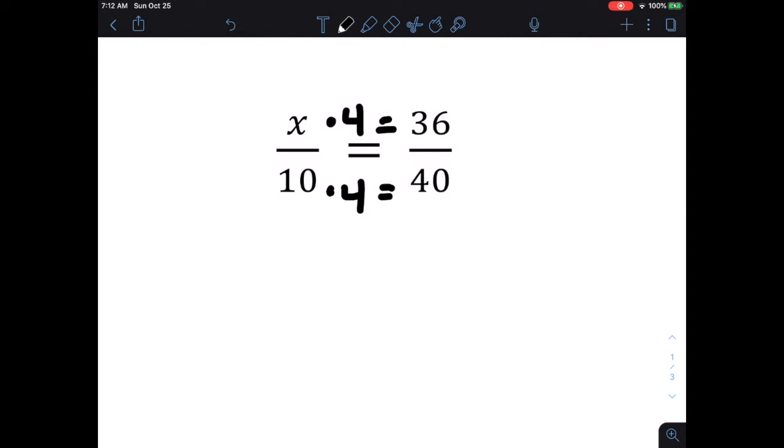It's the same type of problem, except now we have to think about what number I multiply by 4 to equal 36. You could turn it into a division problem if you wanted to. But if we just think about times tables, 9 times 4 is equal to 36. So x is equal to 9.